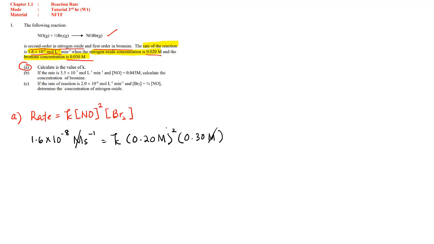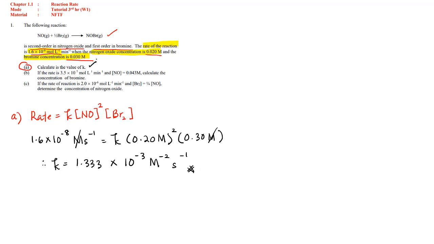So molar is cancelled out. Here is molar squared. This one is per second. So solve by using mathematics. Therefore, you will get the rate constant value. Thus, the value of K is around 1.33 times 10 to the power of negative 3 per molar to the power of negative 2 per second. So that is for question A.